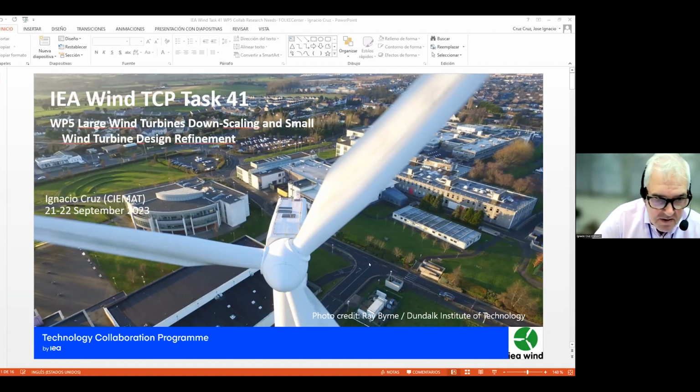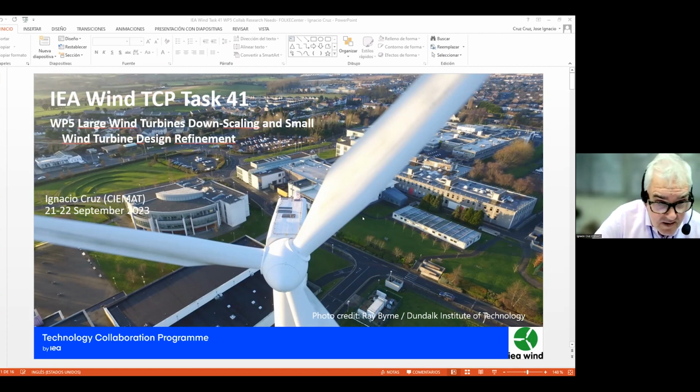So I'm going to present an overview of the work that was done in the frame of Task 41 of the International Energy Agency. The main objective of this work was to find potential solutions to reduce the levelized cost of energy of distributed wind.